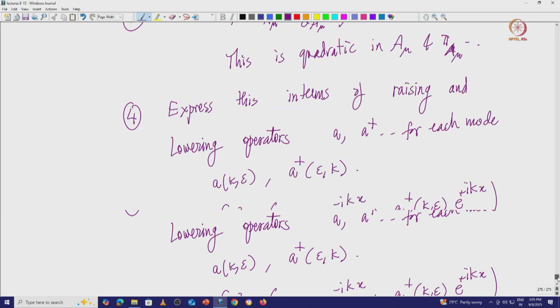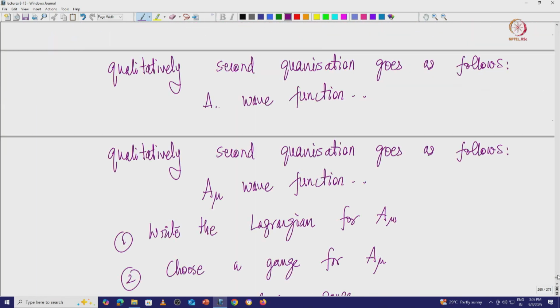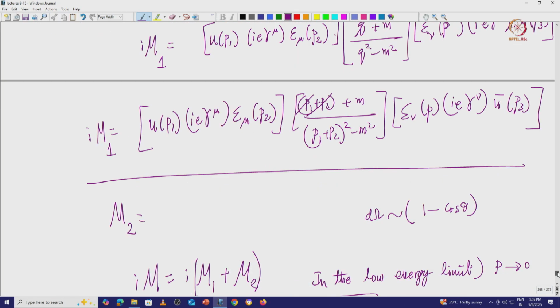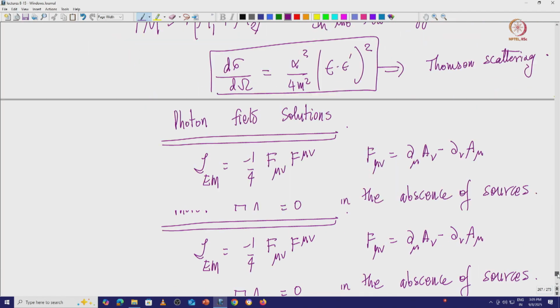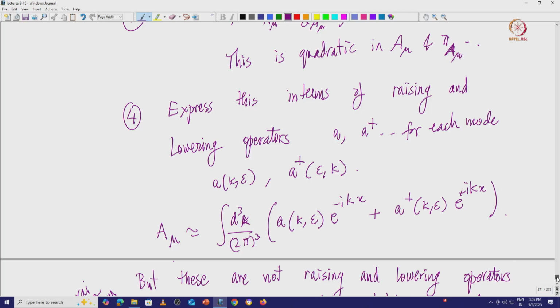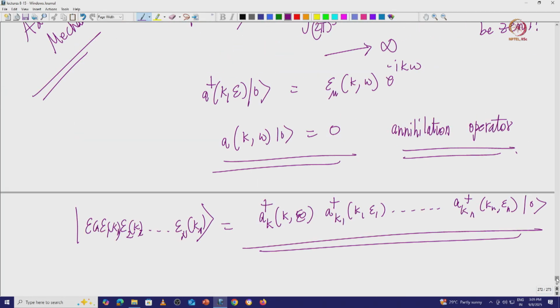Now, this is what makes the field dynamic. These polarizations are also complete and orthonormal, so they form a complete set: epsilon epsilon prime should be equivalent to delta delta, delta k k prime.